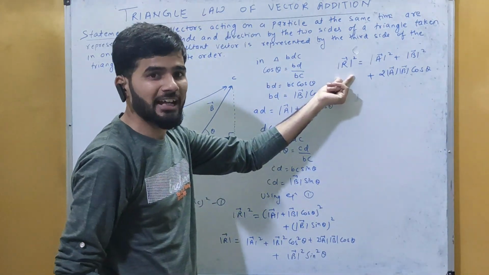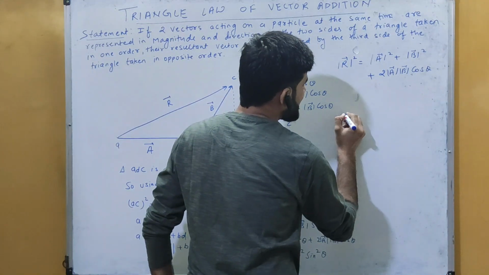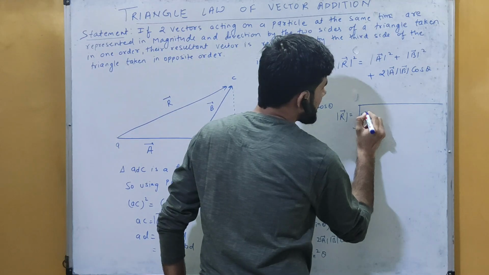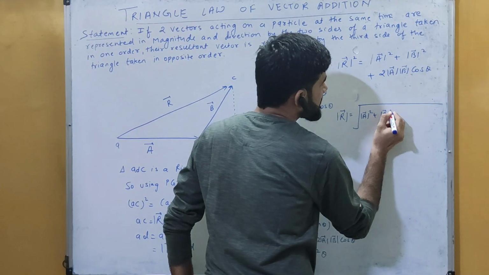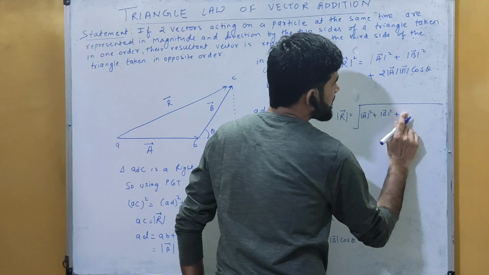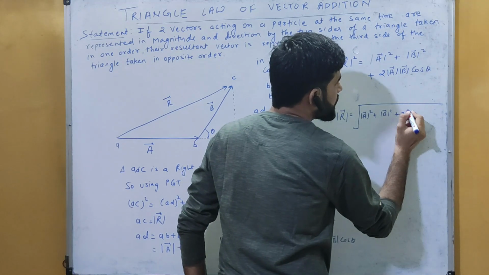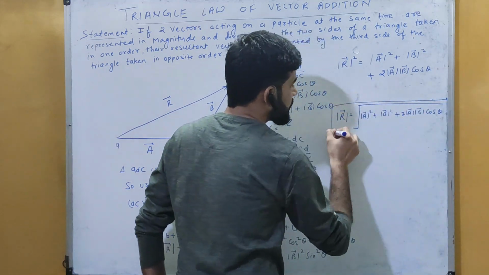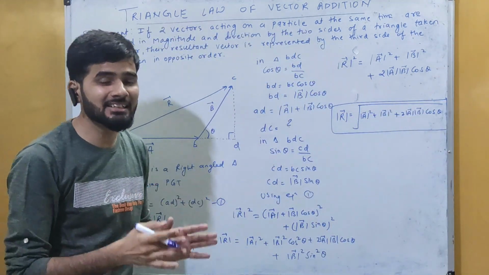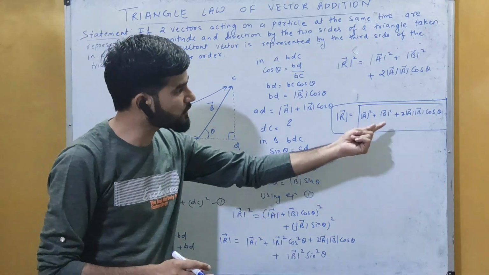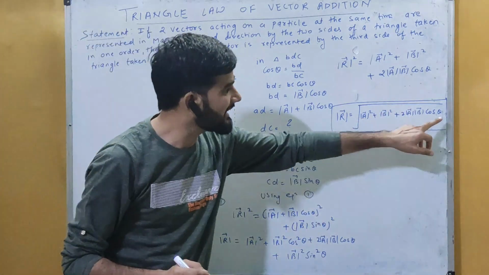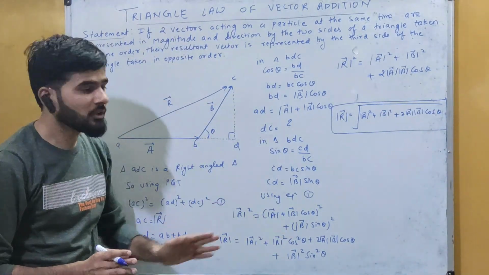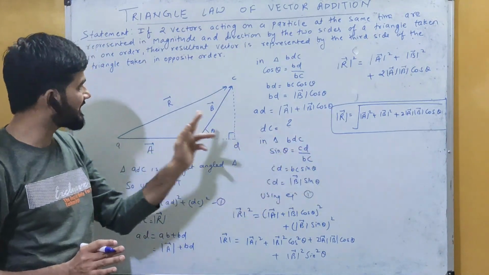And if I want to write the magnitude of R, then I can write R is equal to root of A square plus B square plus 2AB cos theta. So this is the expression of the resultant vector's magnitude, that is A square plus B square plus 2AB cos theta, and this theta is the angle between A and B, which is here theta. So in this way we can calculate the magnitude of the resultant vector R.